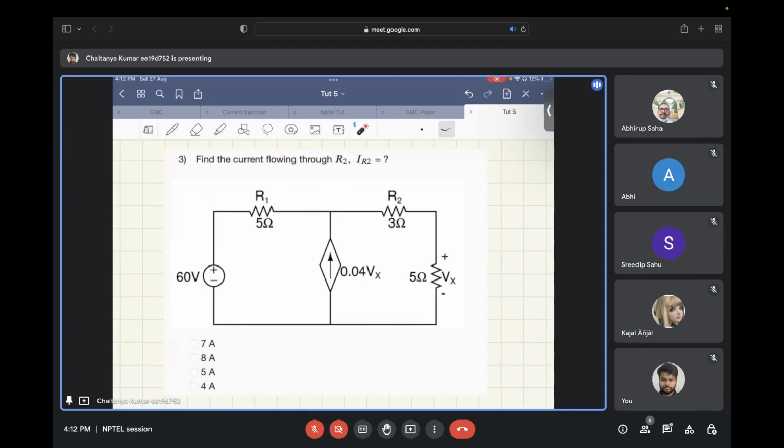Here you need to find the current through the resistor R2. Please try to solve it and paste your answer in the chat box. What I will advise is, even if you see that questions are straightforward, still try to solve them, because in circuit questions what you mainly want to achieve is a lot of accuracy.